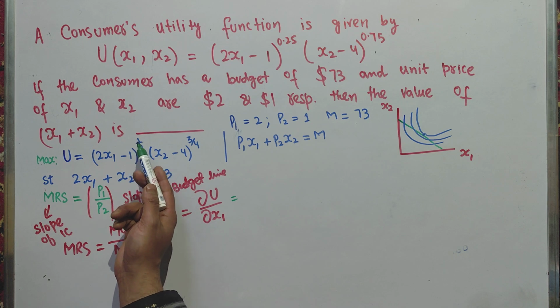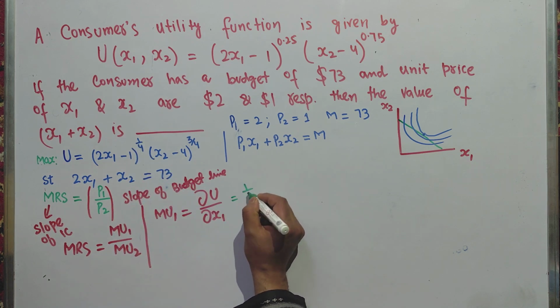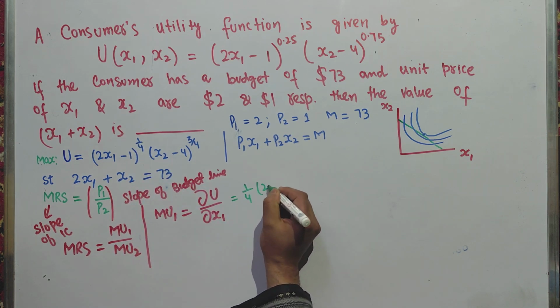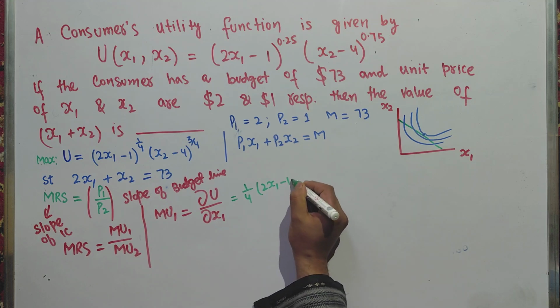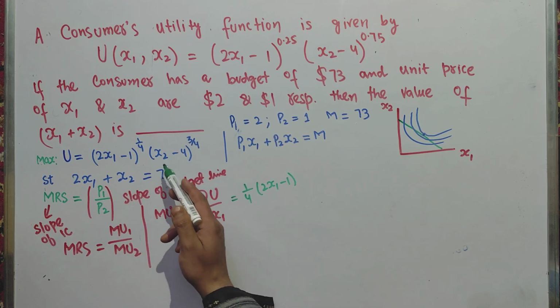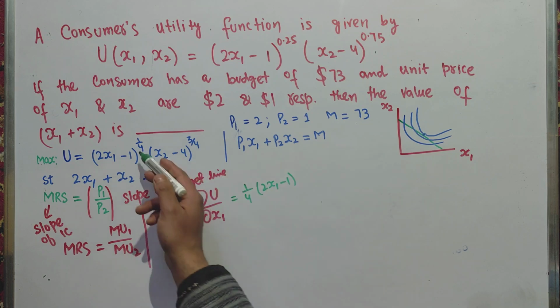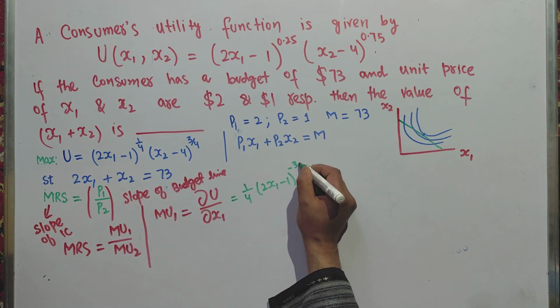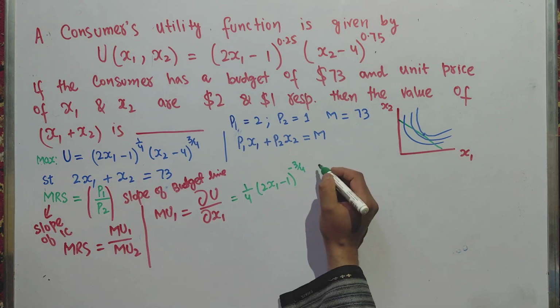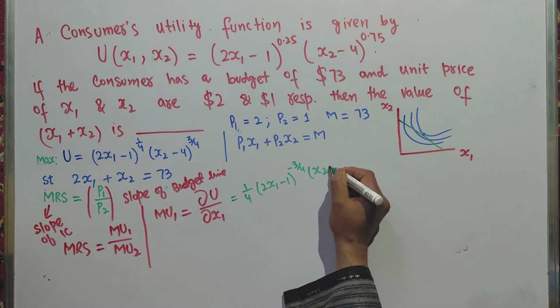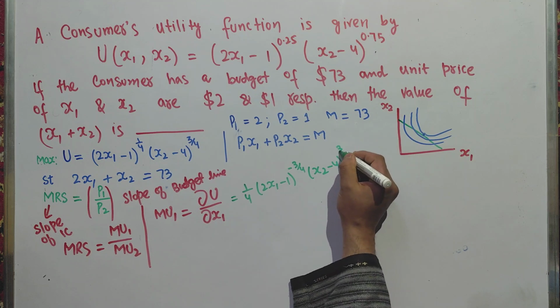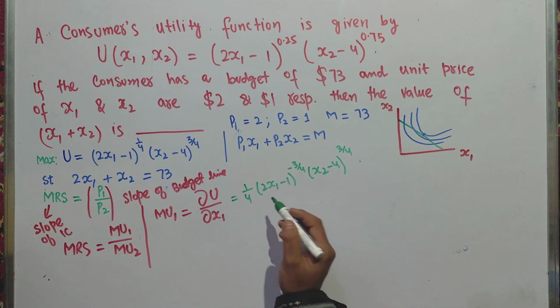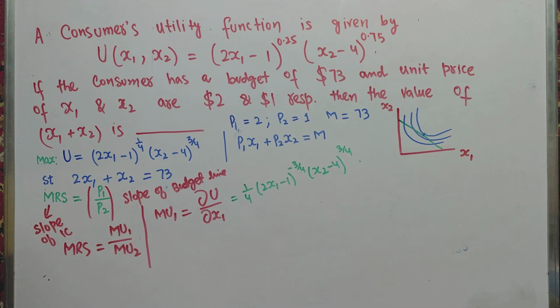So first we use the power function rule. 1 upon 4 will become the coefficient, then we have (2x1 minus 1), and then the exponent is reduced by 1, so 1 upon 4 minus 1 comes out to be minus 3 upon 4. Then we have (x2 minus 4) raised to the power 3 upon 4 times the derivative of this.